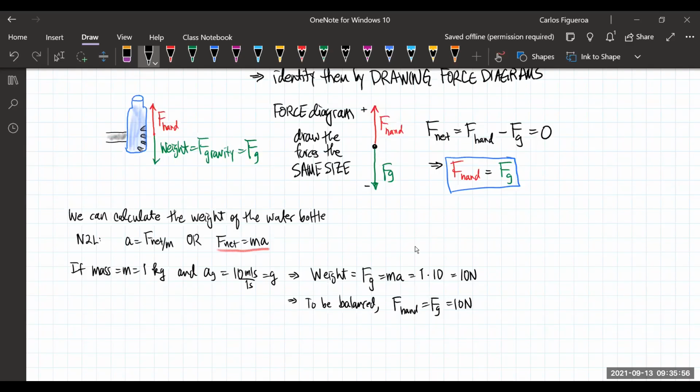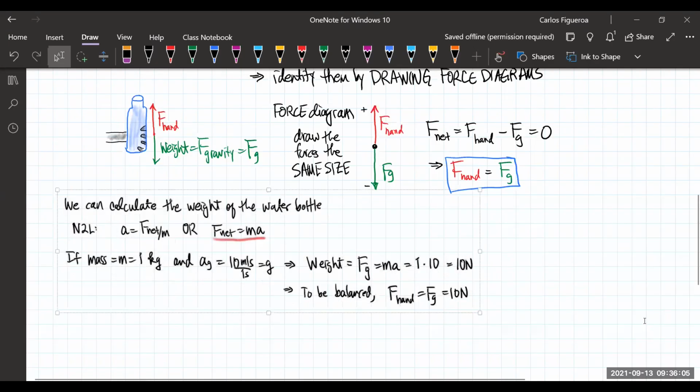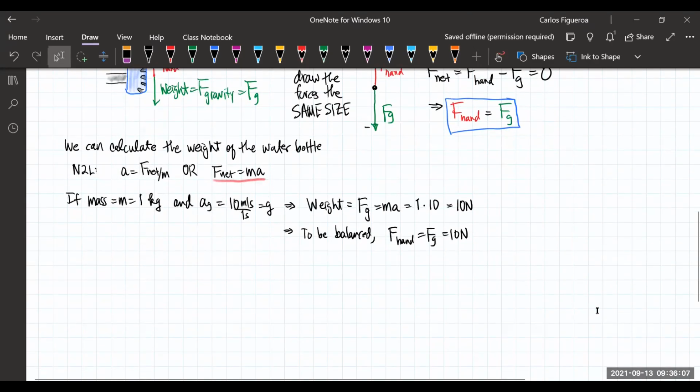And so to give you a sense of how we use this all the time, I want to look at something that you see a lot: hanging pictures.